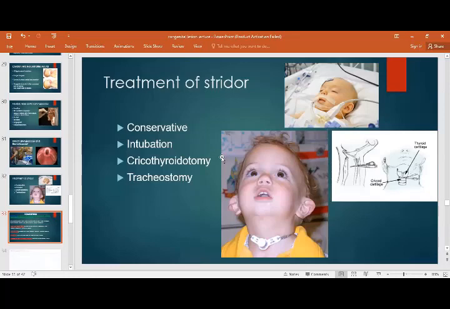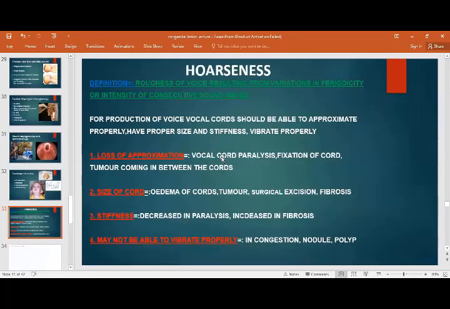Now, what is hoarseness? As we know, any change in the voice is called hoarseness. And the correct definition is roughness of voice resulting from variation in periodicity or intensity of consecutive sound waves. Basically, any change in the voice, we will label it as hoarseness.